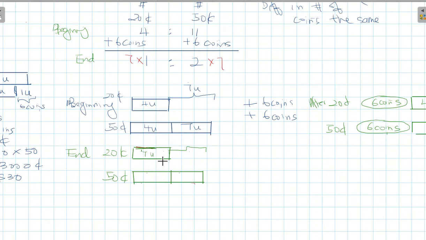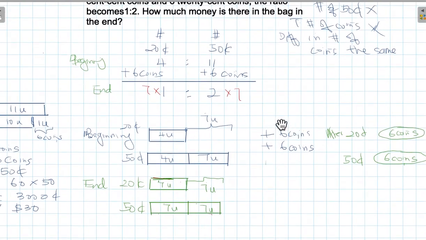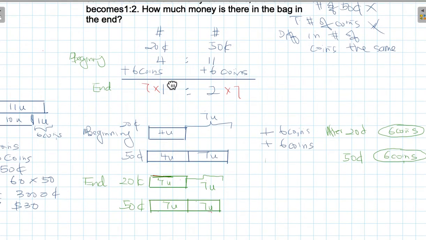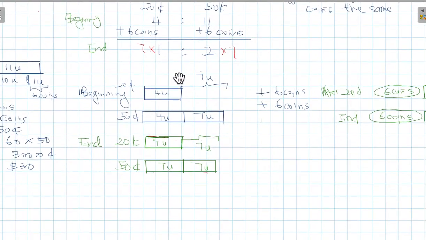So here will be 7 units, 7 units, 7 units. And then now you can see the difference in the number of coins between the 50 cent and the 20 cent is 7 unit difference. Correct? And then what causes this difference? We come back to here. Why it can jump from 4 unit to 7 unit is because they add in 6 coins.